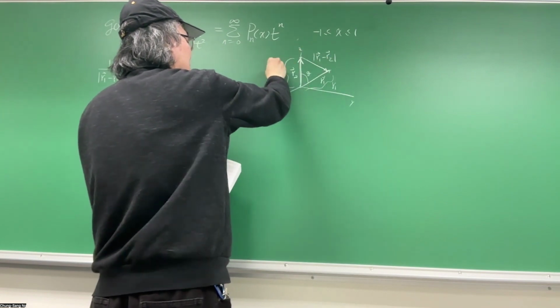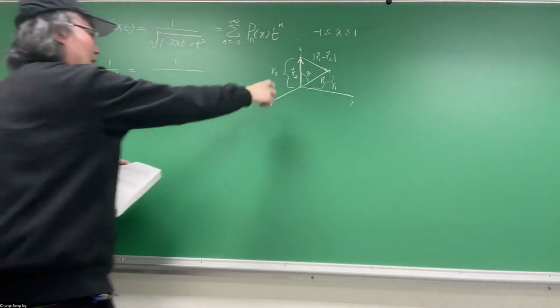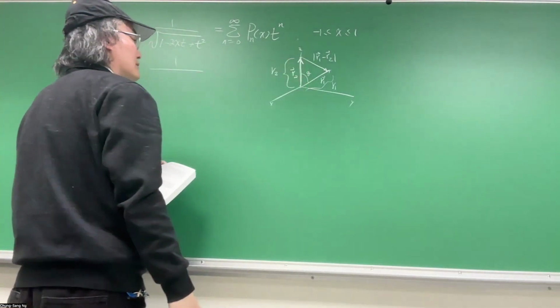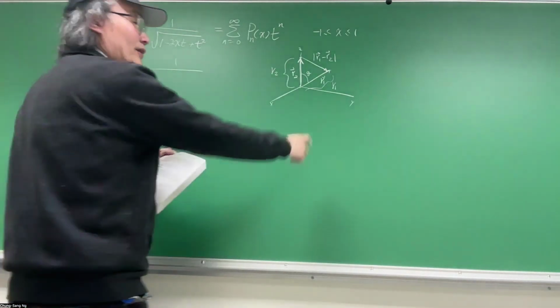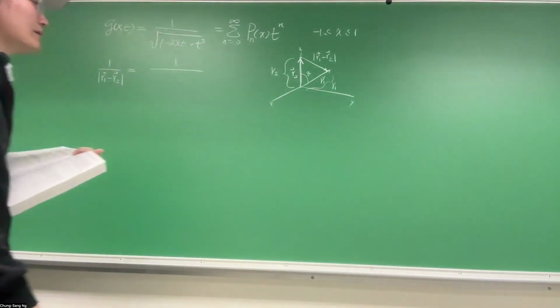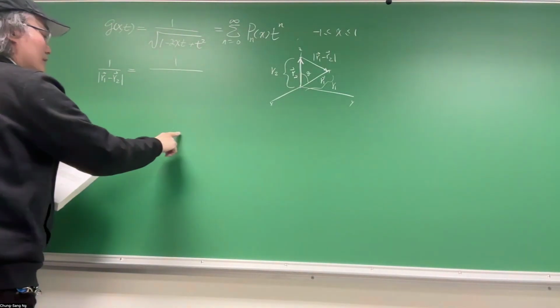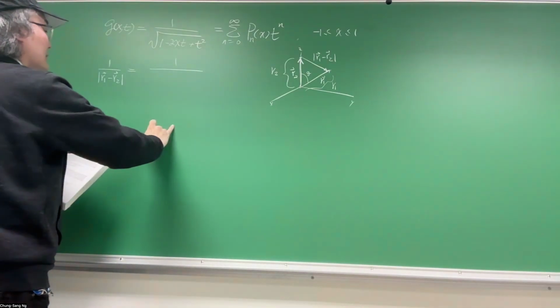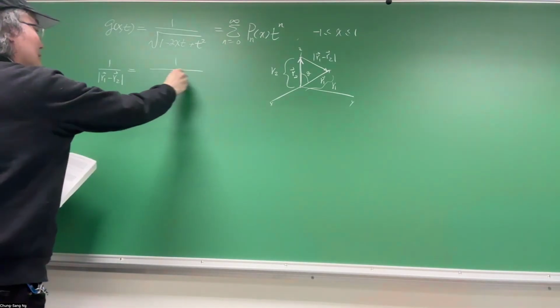And this is R2, the radial coordinate of the vector point R2, the scalar R2. Obviously both of them are positive. They are length quantities, so they are positive.